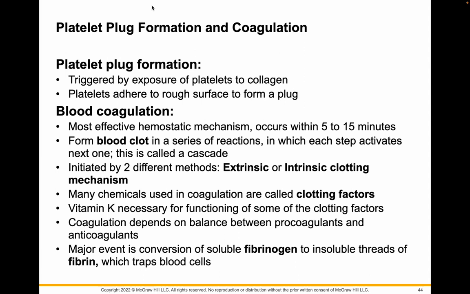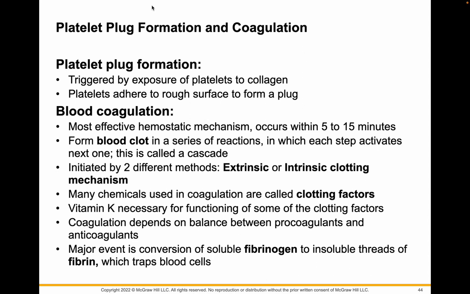These platelets are going to be exposed to collagen fibers, and they start sticking to those collagen fibers and just kind of make, if you will, a scab or something. I'm trying to think about how to picture it, but I think there's a picture soon, so you can look at it. But let's focus more on blood coagulation.